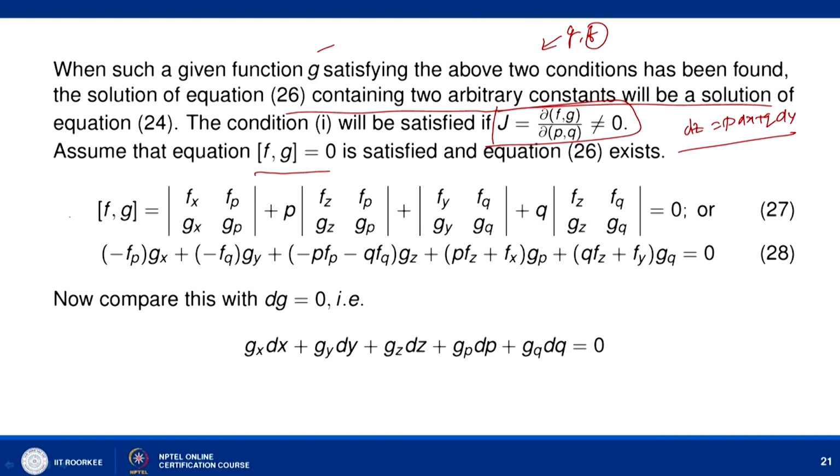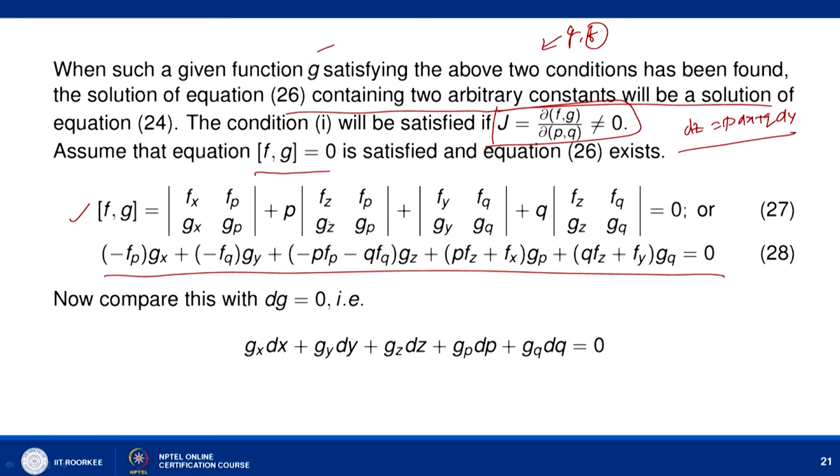Now, look at the bracket [f, g]: it is the determinant of f_x f_p, g_x g_p plus p times the determinant of f_z f_p, g_z g_p and so on. This expression has to be equal to 0, and if we simplify, I can write this expression as: minus f_p g_x minus f_q g_y minus (p f_p plus q f_q) g_z plus (p f_z plus f_x) g_p plus (q f_z plus f_y) g_q equal to 0.